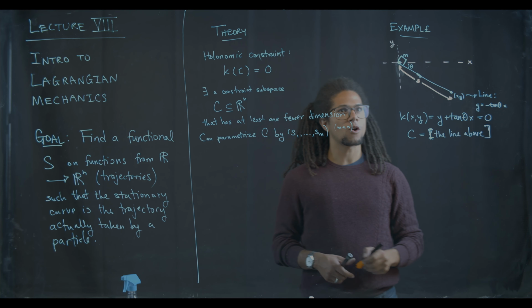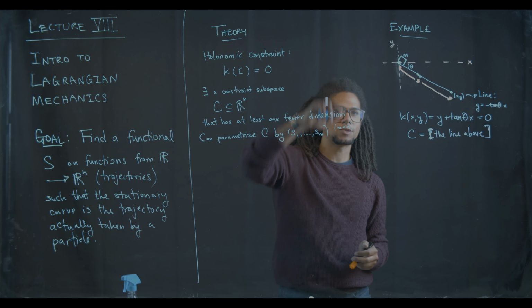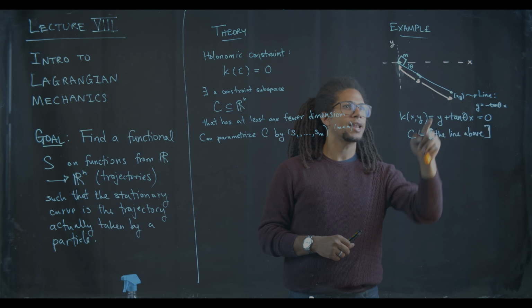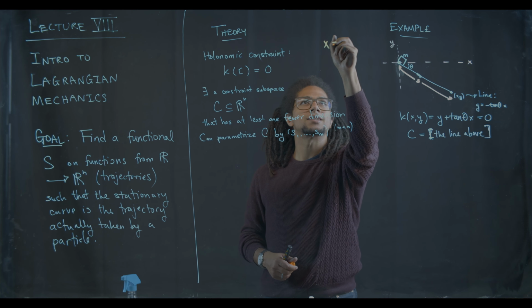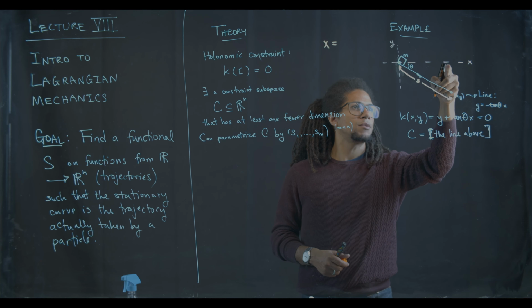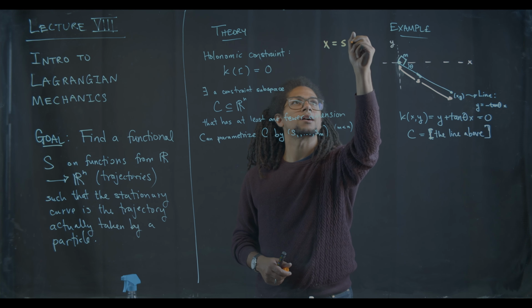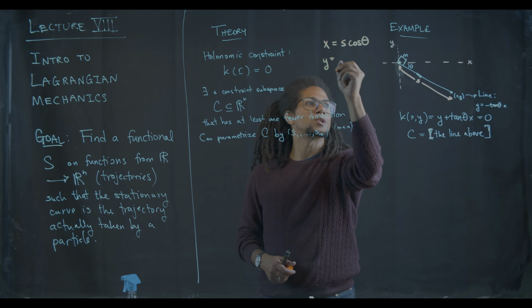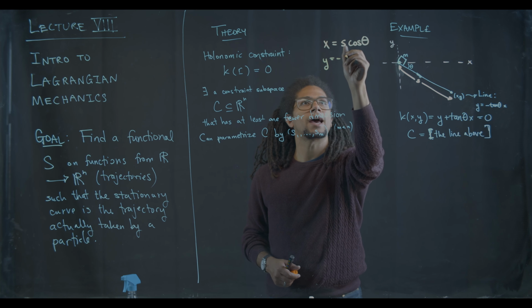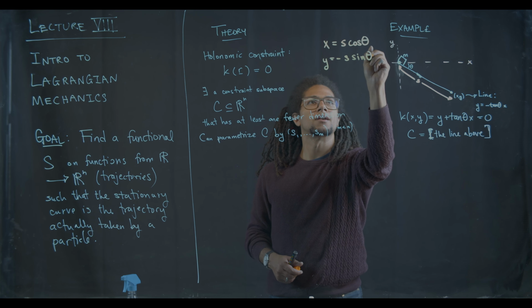Okay, so for our example, let me use some of this space over here, and let's write x and y in terms of s. So x is equal to s times cos theta, and y is equal to minus s sine theta.